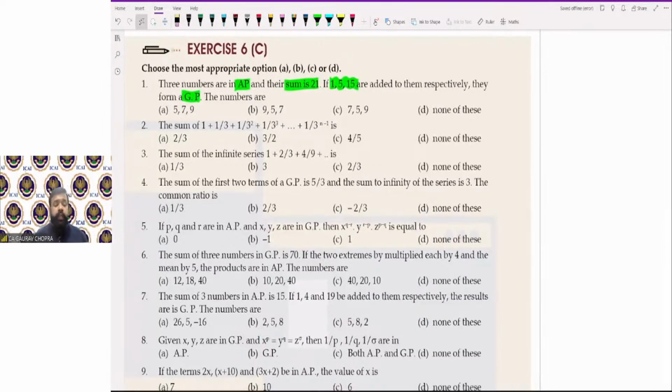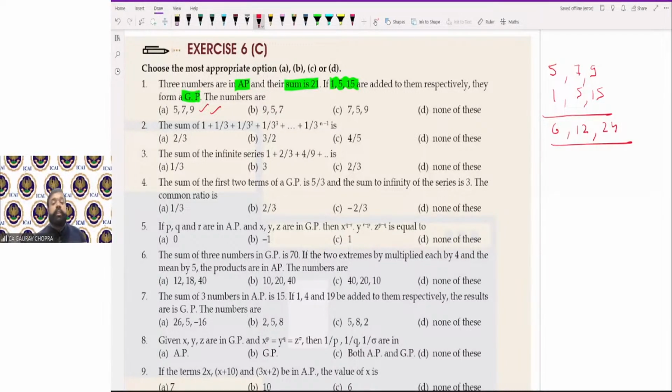Let's check the conditions. 5, 7, 9. Is this series an AP? Yes, there is a common difference of 2. Does the sum come to 21? Yes, the sum is also 21. So both the conditions are satisfied. Now check the third condition. If we add 1, 5 and 15, it will become 6, 12, 24.